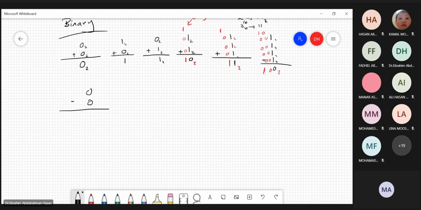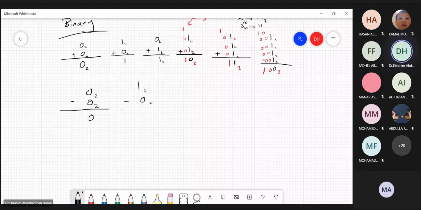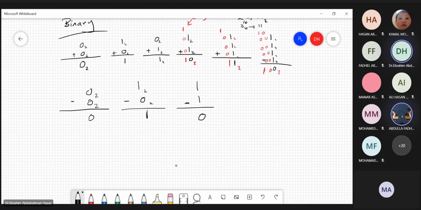So it is 0. Okay, 1 minus 0. 1. So it is 1. Okay, 1 minus 1. It is 0. Okay, what about 0 minus 1?